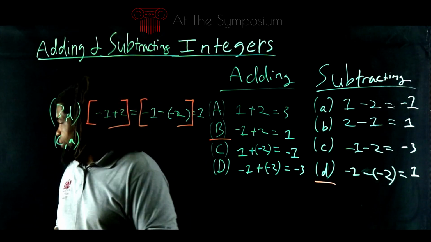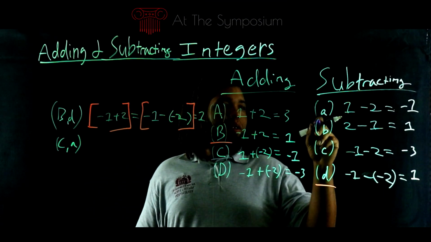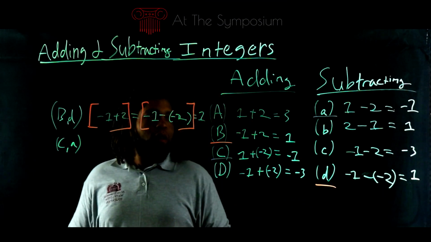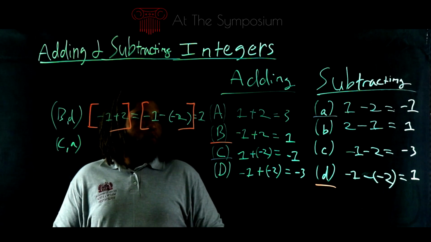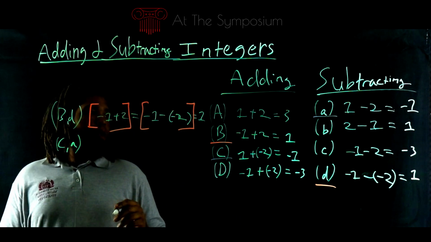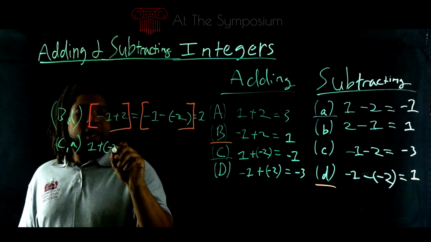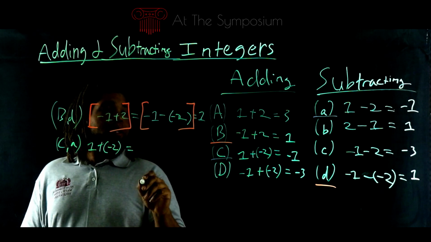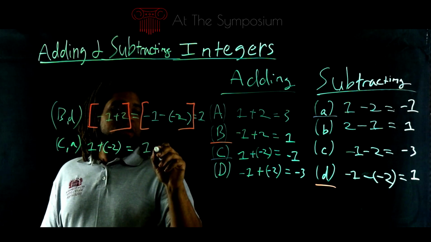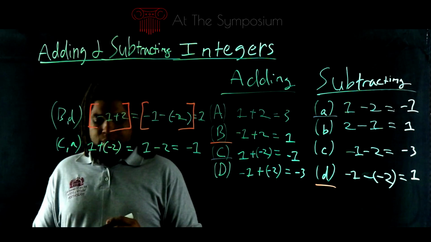Let me just grab another color again. These two are equivocal. So 1 plus negative 2 actually equals 1 minus 2, which gives us negative 1.